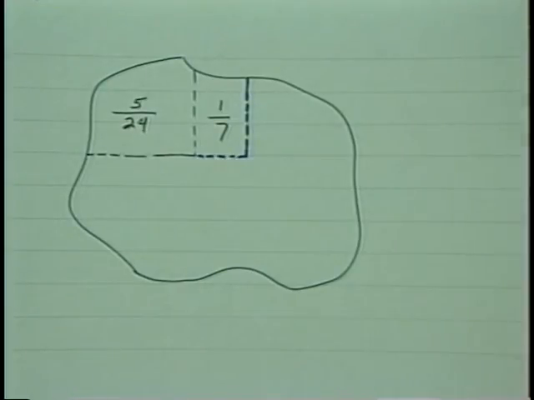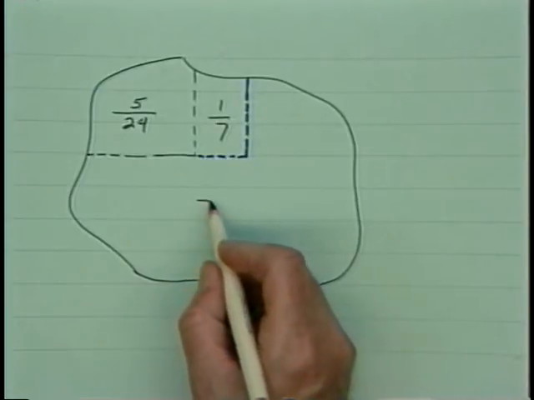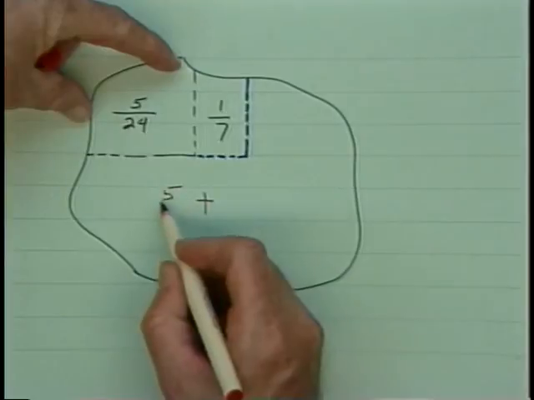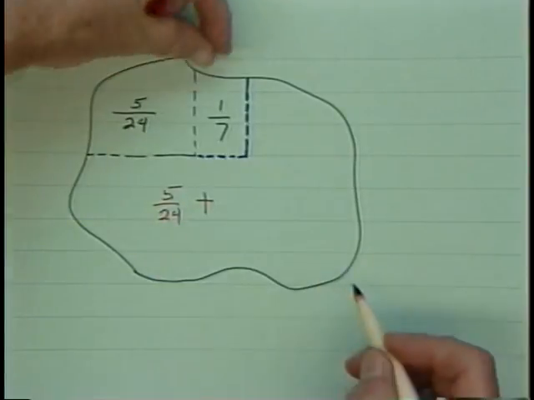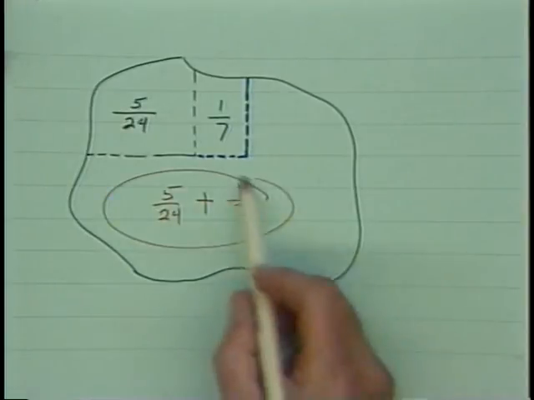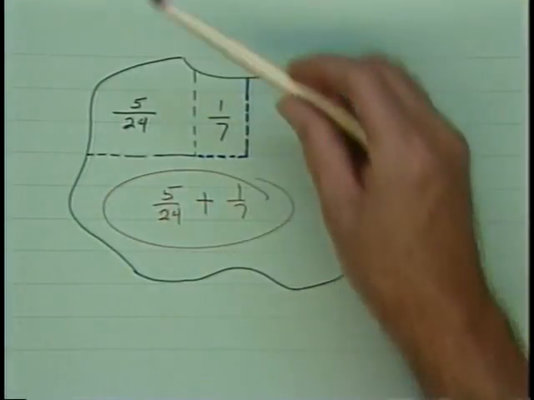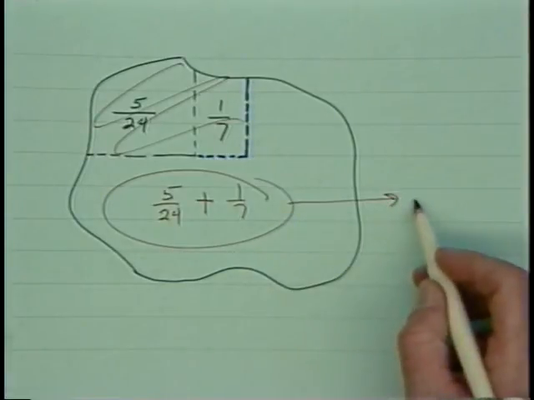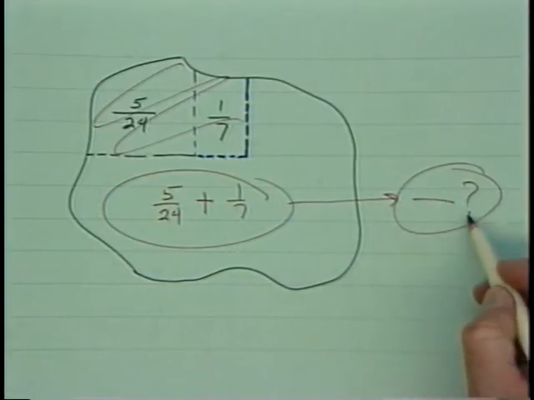Then the question we could have is, now that we've done this in such a strange manner, what part of the whole land did we sell totally? And total means I'm going to add the first part I sold to the second part I sold, and I now want to know, what is this as a part of my total land now? That is, as a single fraction.